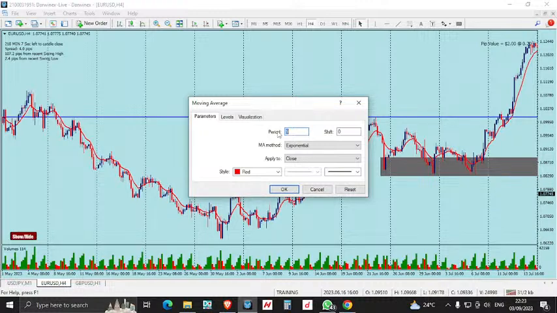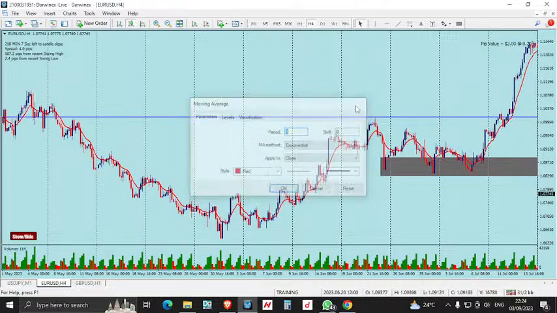If my reward is not up to 3 times what I'm going to risk, I will not do it. For example, if my stop loss is $30, I will be targeting like $90.